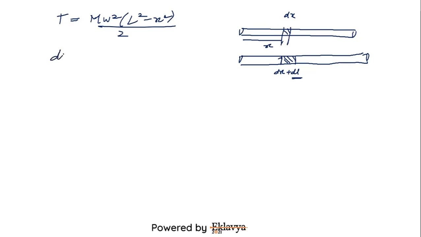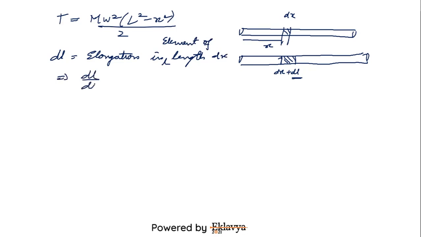So dl is elongation in the element of length dx, which would mean that dl by dx indicates the strain.